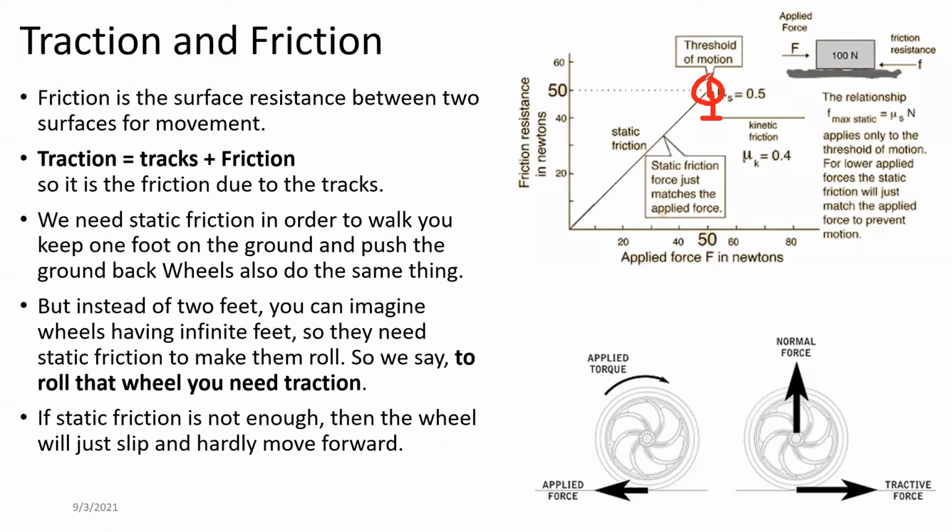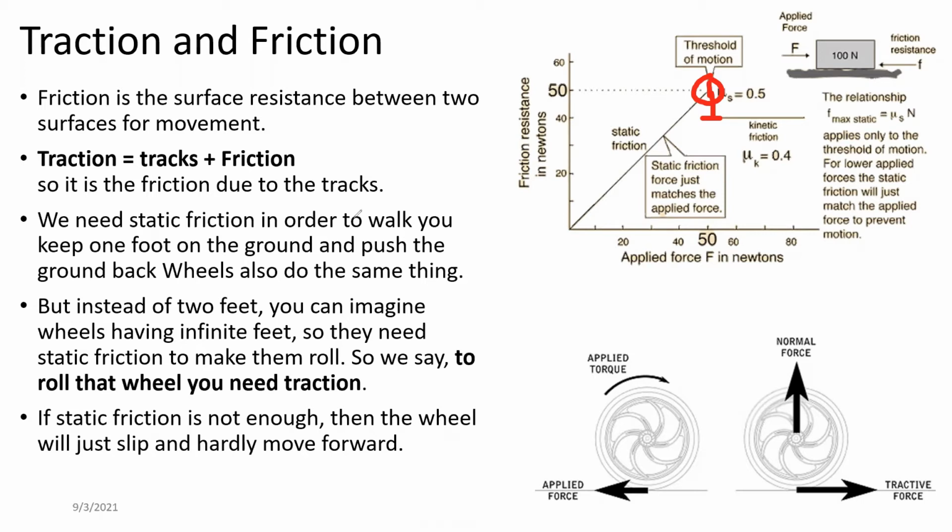When we are walking, we keep the friction in this static friction region, because if we apply force beyond that, we overcome the static region, lose the frictional resistance, and we are going to slip and fall.